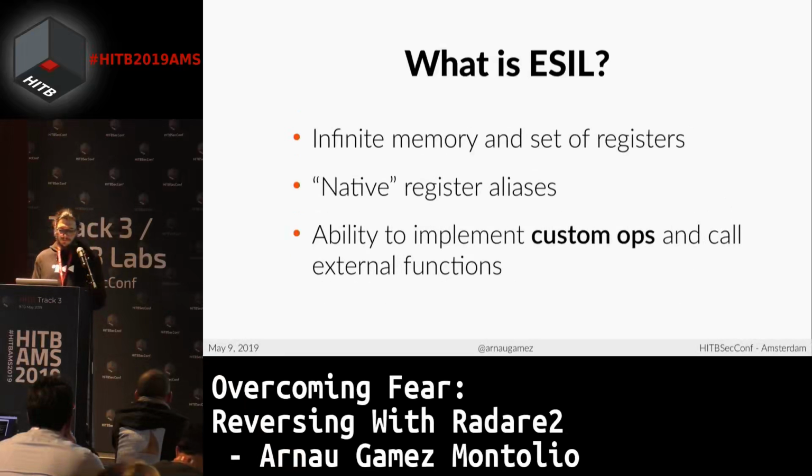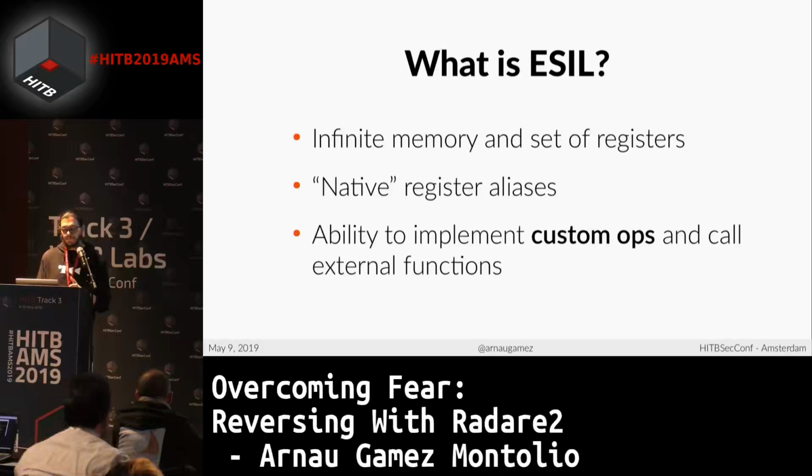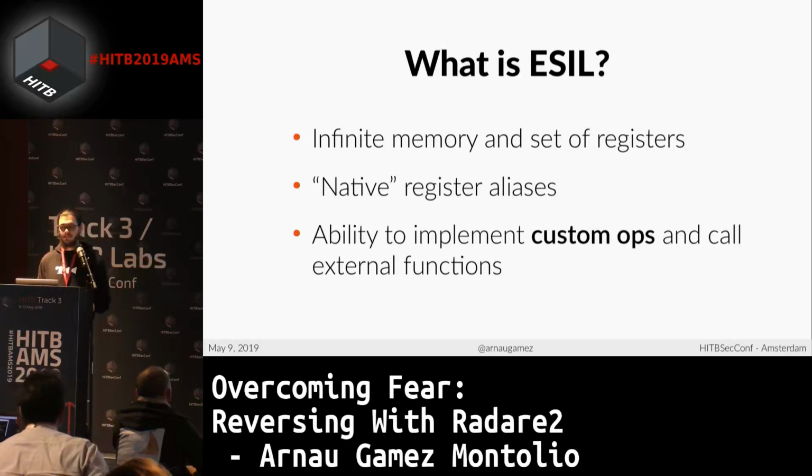And some of its main properties are that it has infinite memory and a set of registers, like many other intermediate languages. It has native register aliases, which means, for example, when you are emulating ARM code and you construct the virtual machine that will emulate what you want to emulate, the register aliases will be something like R1, R2, R3.